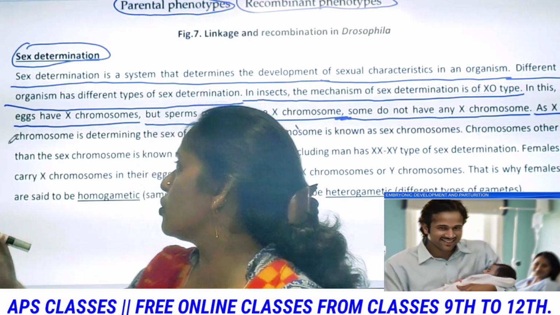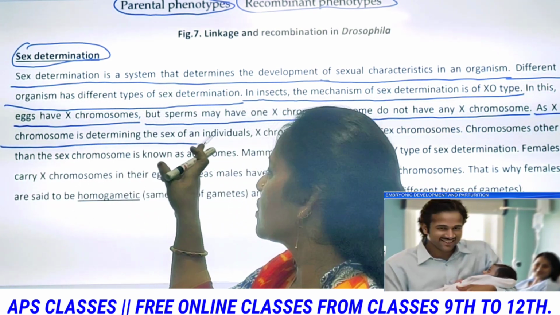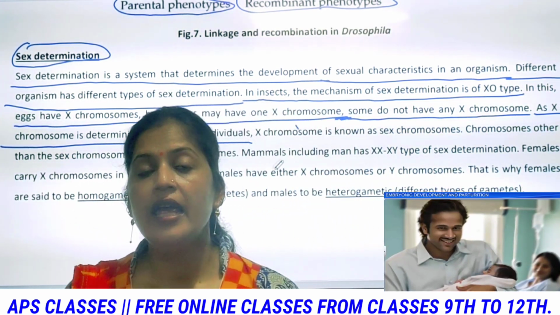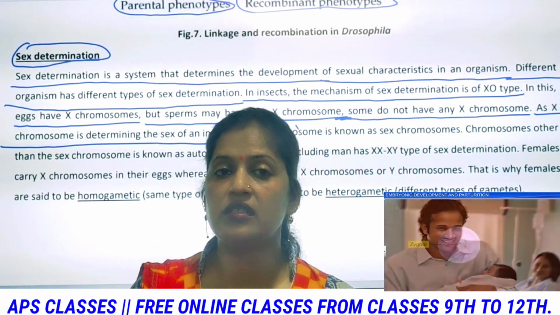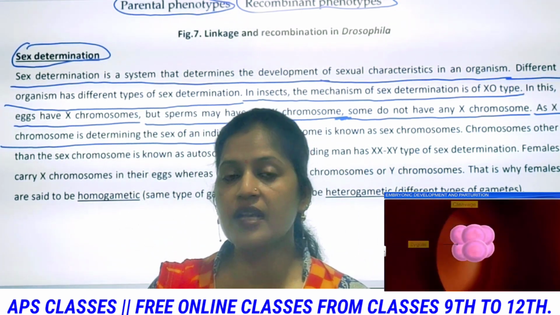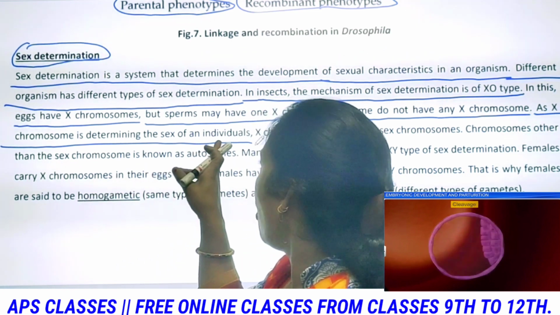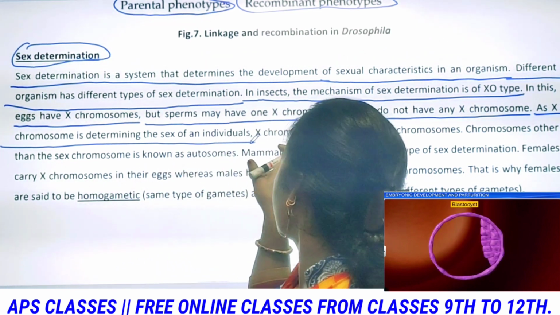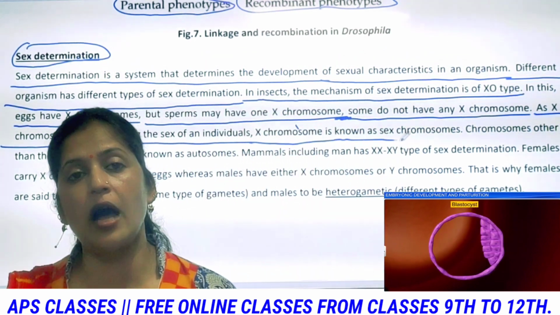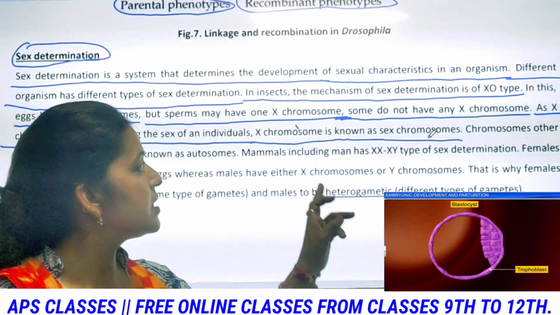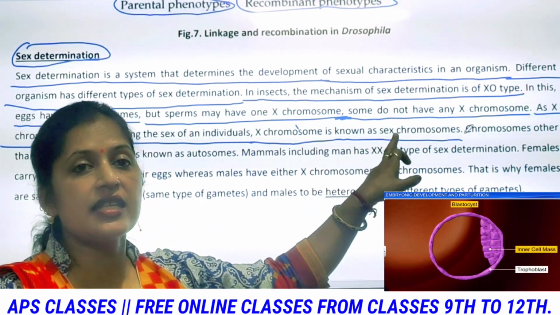As the X chromosome is determining the sex of an individual, the X chromosome is known as the sex chromosome.